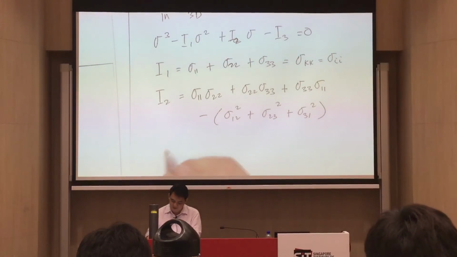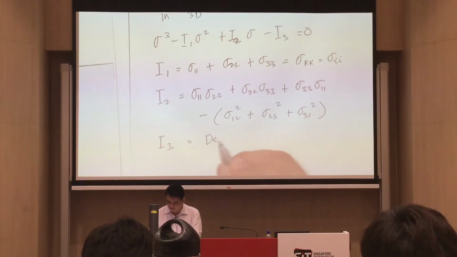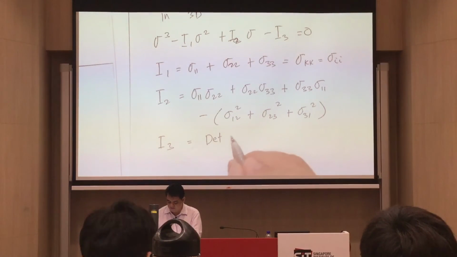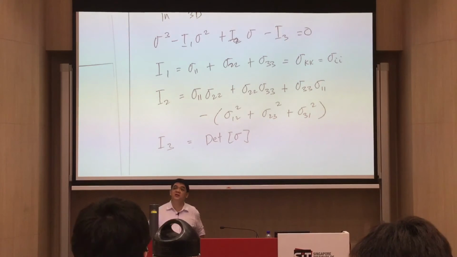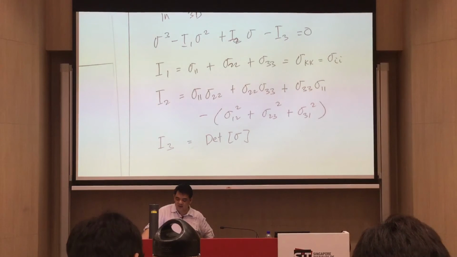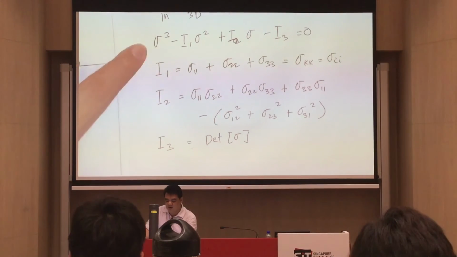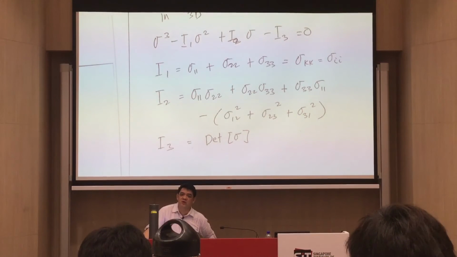Finally, your I3 will be the determinant of your state of stress, without, of course, the sigma. Put it in, and then you have a cubic equation. Solve for the roots of the equation.